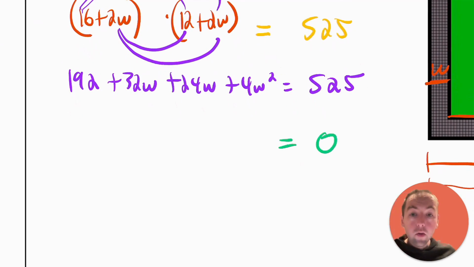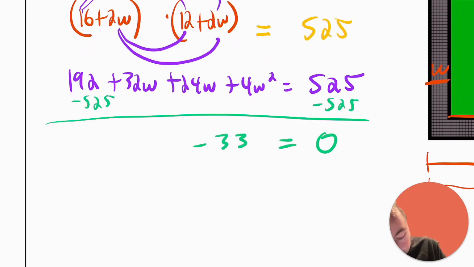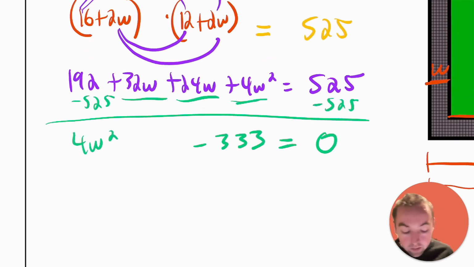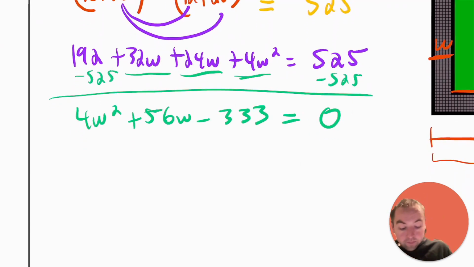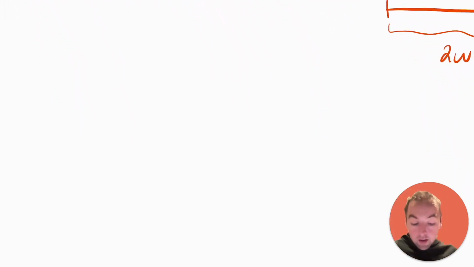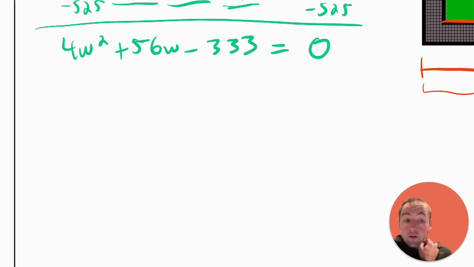All right, so with this, let's get everything on one side so we get a 0 on one side. So I'm going to have to subtract the 525 on both sides. So you're going to end up getting a negative 333 from that. You also have your 4W squared, and then you're able to combine those couple of terms together, which will give you plus 56W. If you could figure out a way to factor that or complete the square, you can.